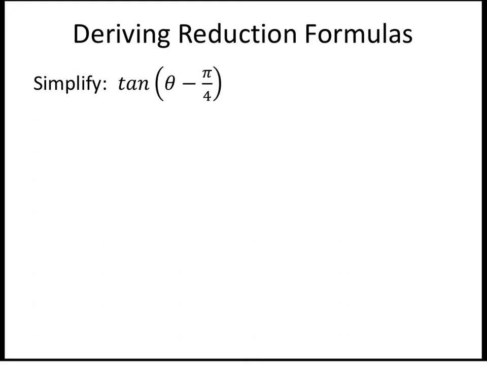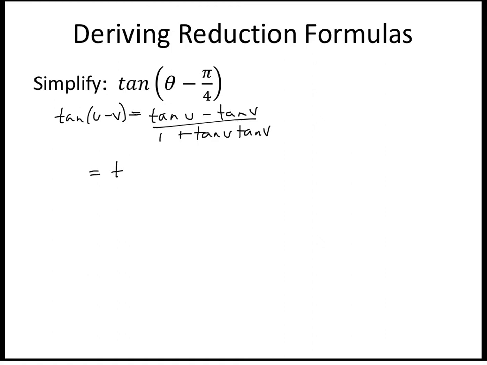Next, we're going to simplify tangent of theta minus pi over 4. So we're going to use our tangent of u minus v, and that will equal tangent u minus tangent v over 1 plus tangent u tangent v, okay? That's going to be our formula. We're just going to plug things in and simplify where we can using the techniques we have already learned.